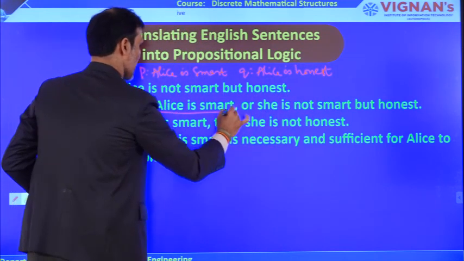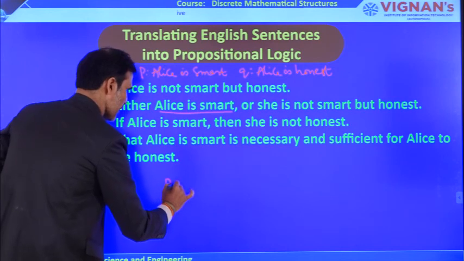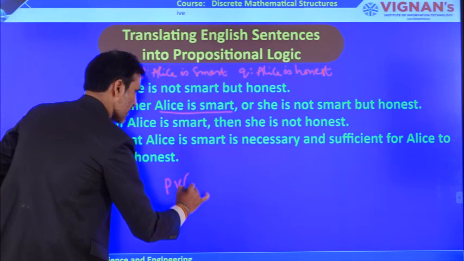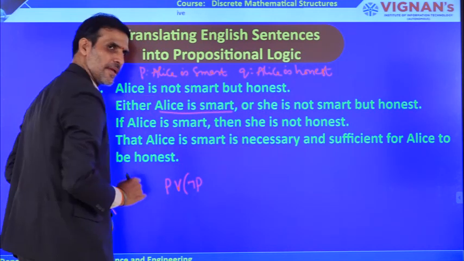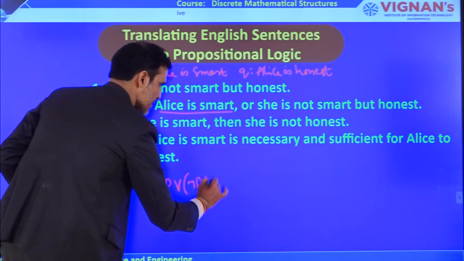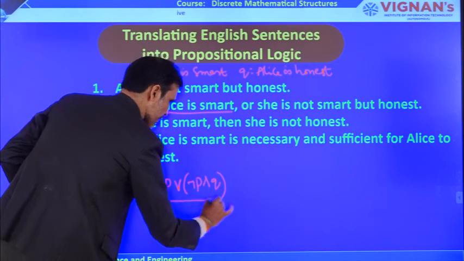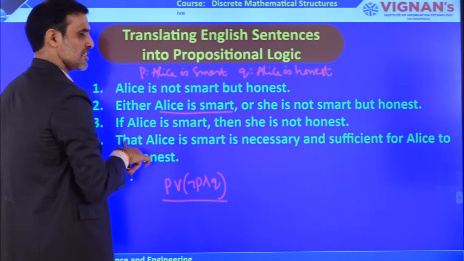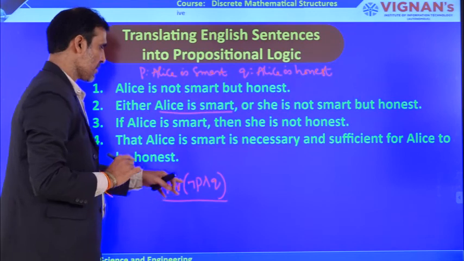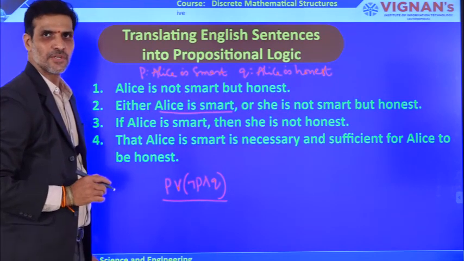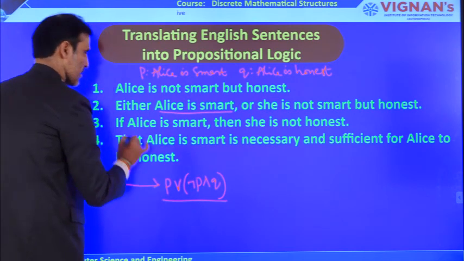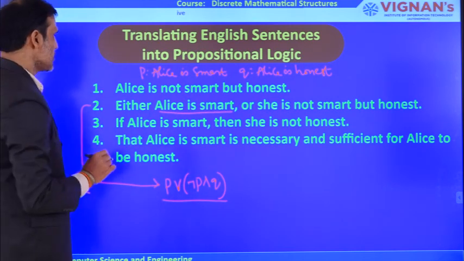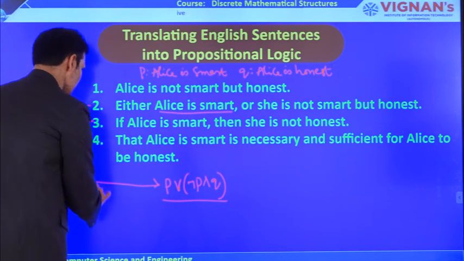So Alice is smart is P, or she is not smart, negation P, and she is honest, Q. This is the compound statement we write for the second sentence.